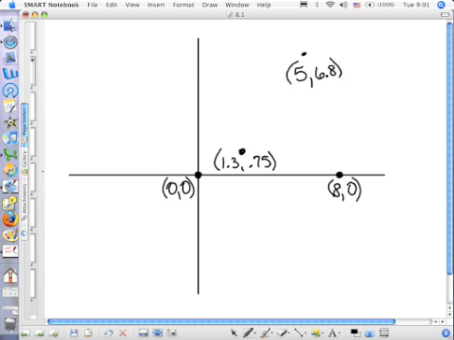Now, if I ask you to find the distance between those 2 points, is it as easy? No. Okay? So we need some sort of way to be able to do this thing. Okay, let's think about a midpoint. What's another word for midpoint or middle?